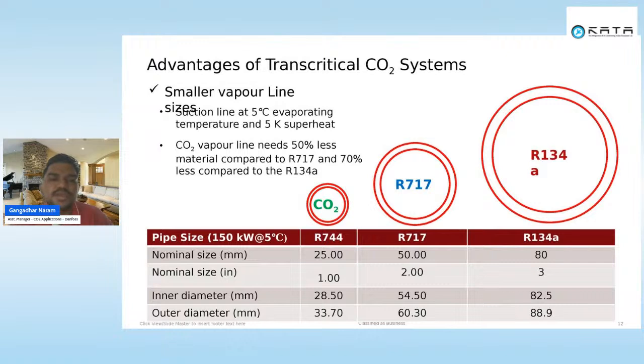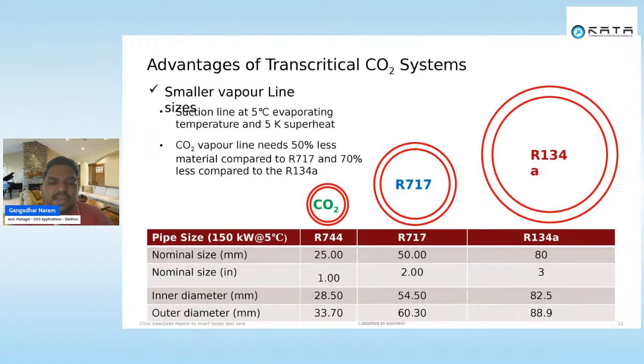So you can see the advantages of transcritical CO2 systems, wherein because of the higher suction densities, it also allows smaller vapor line sizes. Suction line, let's say for example, at 5 degree evaporation temperature with 5K superheat.